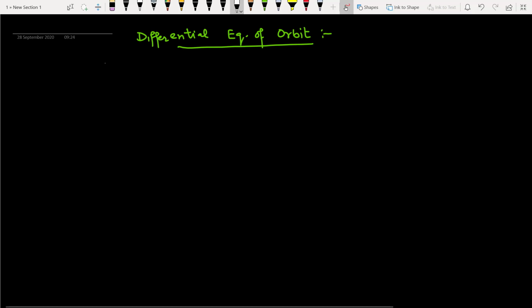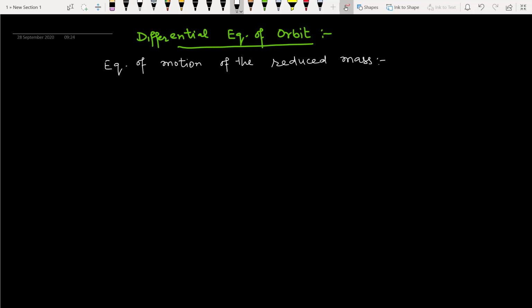So we have derived the equation of motion of the reduced mass, which is given by... mu is the reduced mass of the system, L square upon mu r cube.